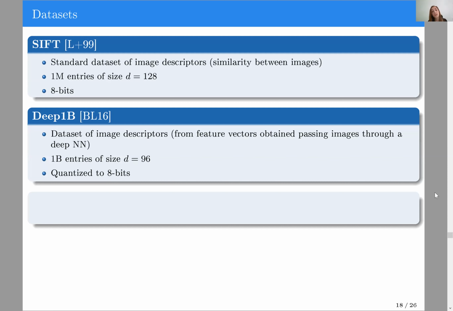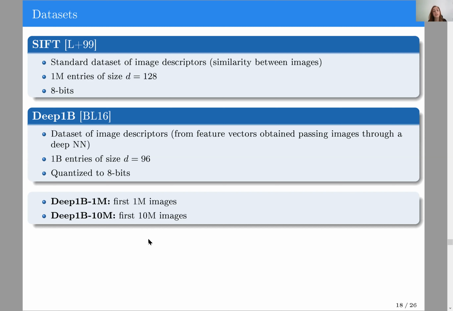So we don't do experiments on the 1 billion entries, but we extract 2 sub-databases. The first one, Deep1B1M, contains the first 1 million images in Deep1B, while the second one, Deep1B10M, contains the first 10 million images of Deep1B. So Deep1B10M is the largest database that we use in our experiments.